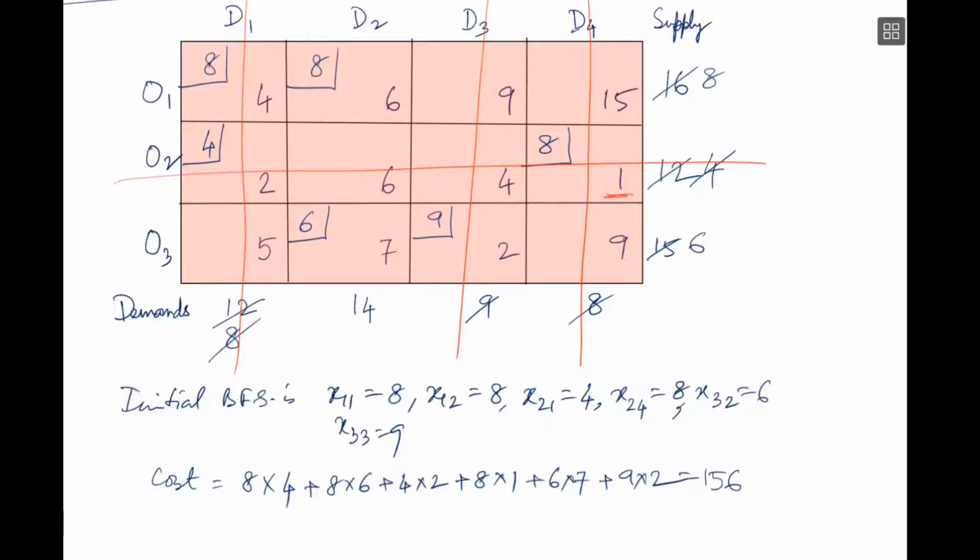So we see that for this initial BFS the cost has been reduced, cost is lesser than the solution obtained in northwest corner rule.